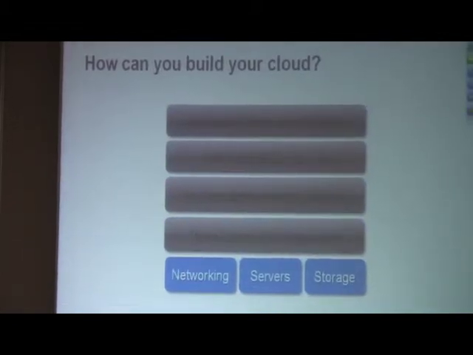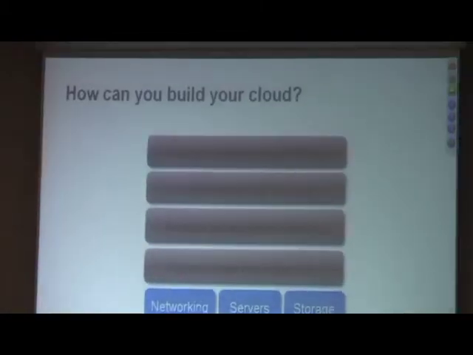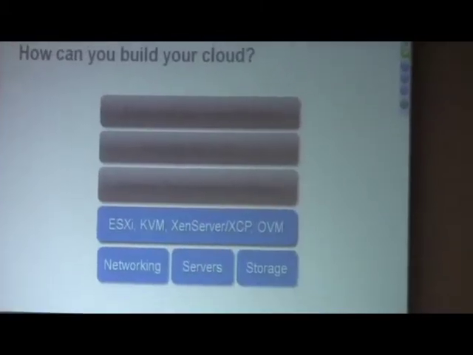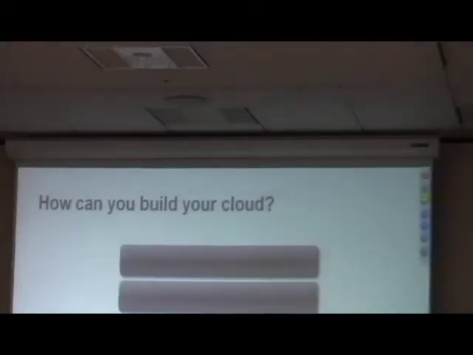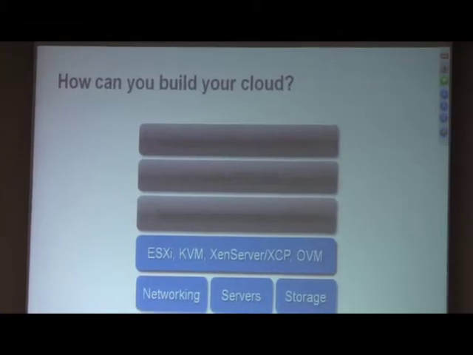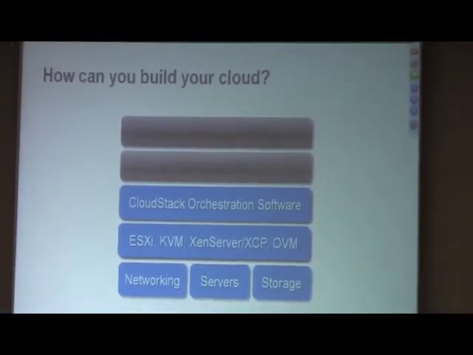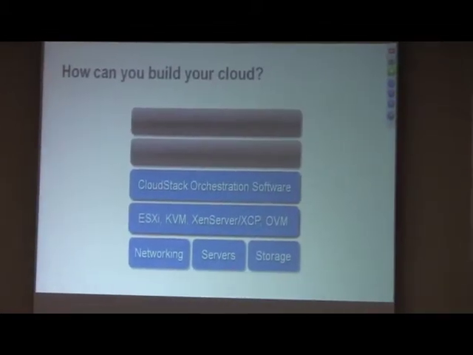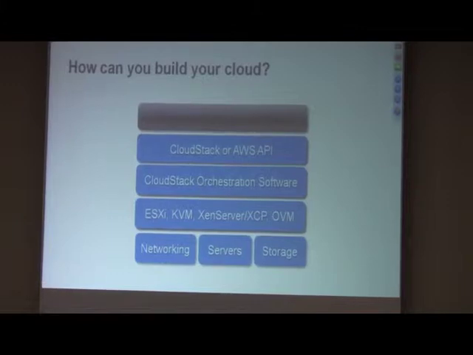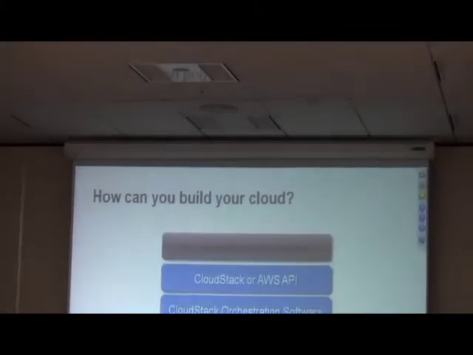For CloudStack, we start with physical hardware: networking, servers, storage. For hypervisors, we support ESX, XenServer, KVM, and Oracle VM, OVM in this case. You add CloudStack's orchestration software on top of that hardware, and on top of that is our own native API, or the AWS API.